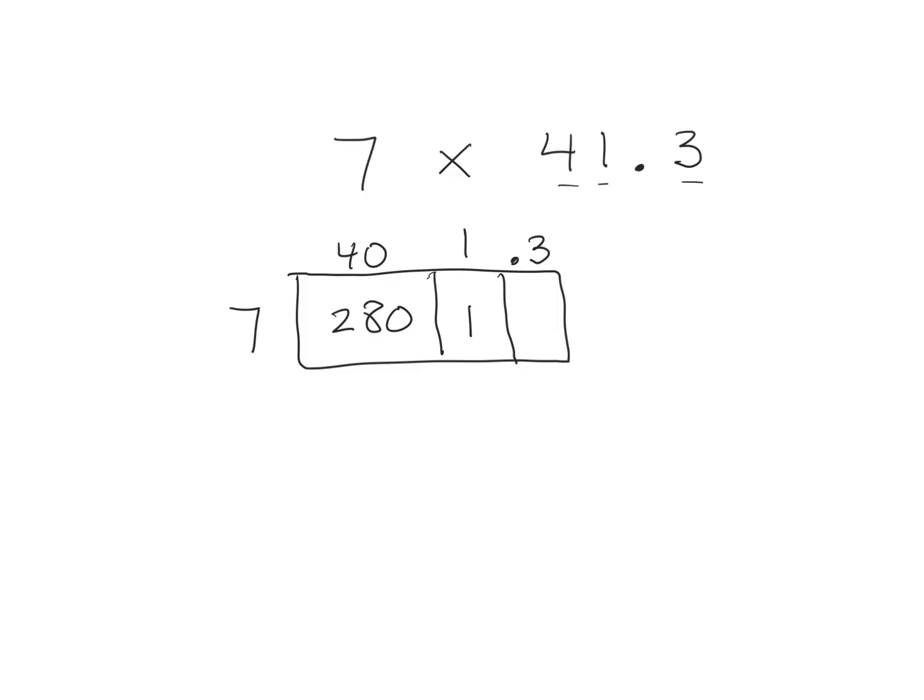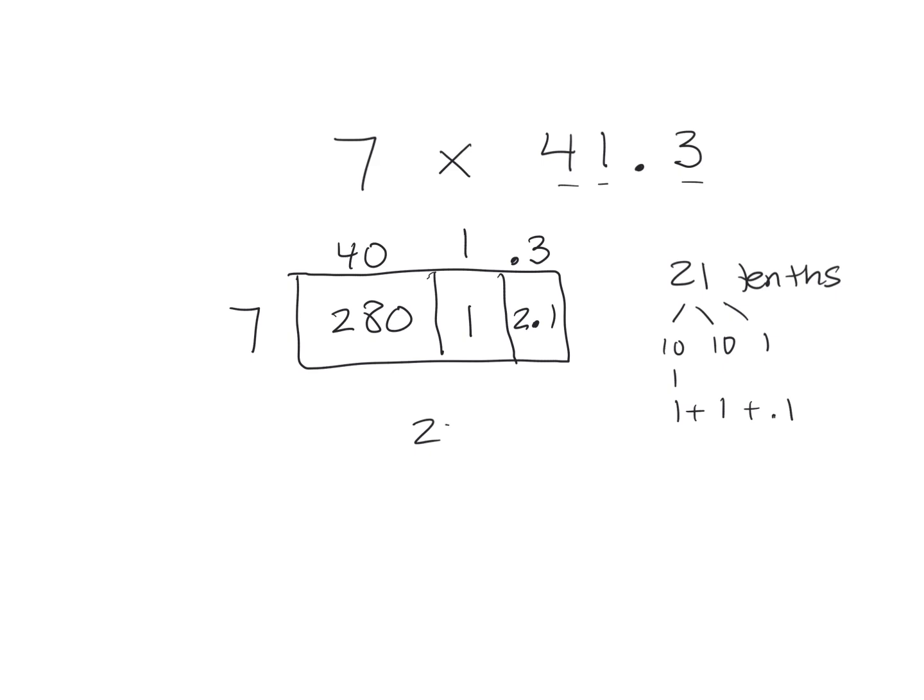And 7 times 3/10 is 21/10. How many groups of 10 can I get out of 20? I can get 10 and 10. And then I have 1 left over. So that becomes 1 whole plus 1 whole plus 1/10. So that is 2 1/10.